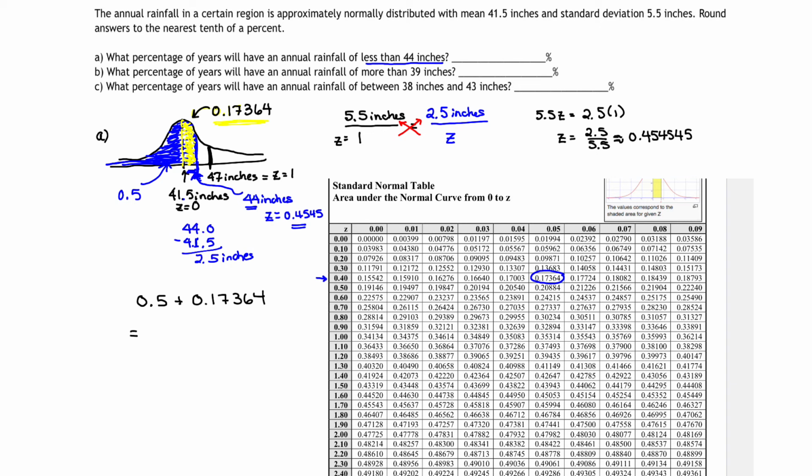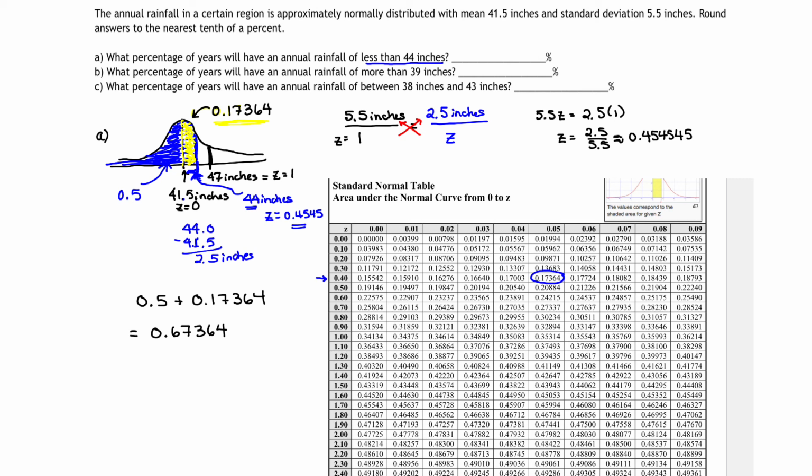Putting those together gives us 0.67364. That is the decimal representation for the area less than 44 inches.